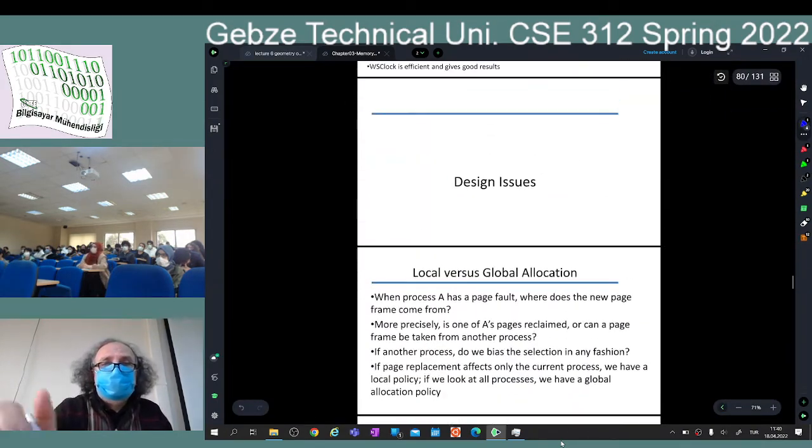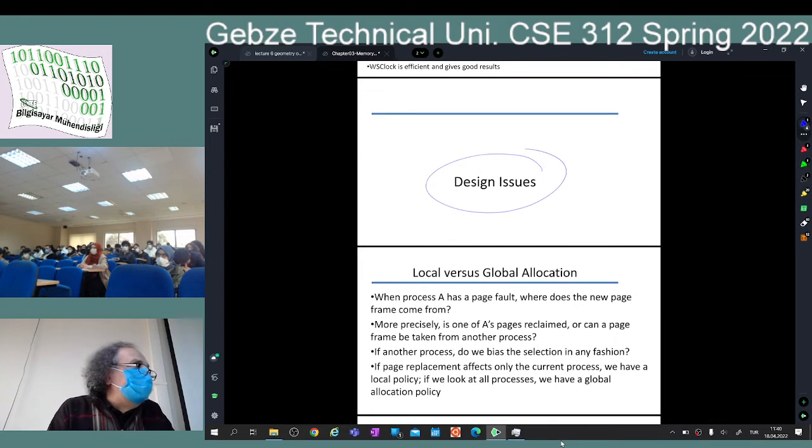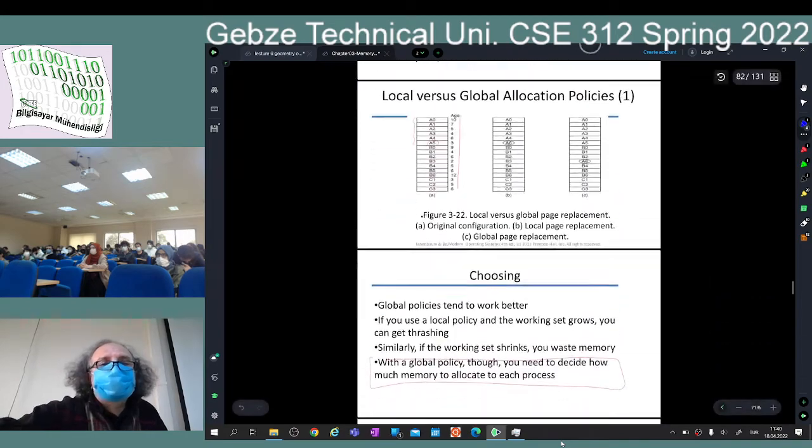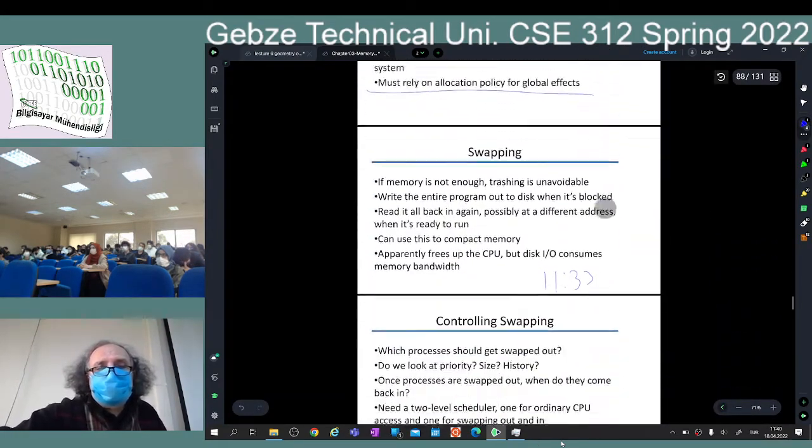Okay, design issues. These are the issues that we have ignored, that we did not look at, where we said that we are going to solve this later. And most of the time, actually, we are not solving any of those. We are saying that these are the problems that the operating system has to solve. And every operating system has a different way of solving these problems. And sometimes they just ignore it. Okay. So let's look at this one again, swapping.